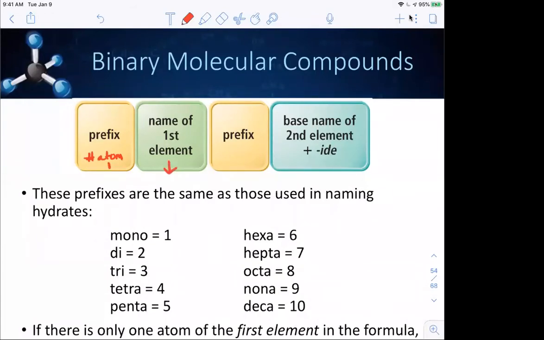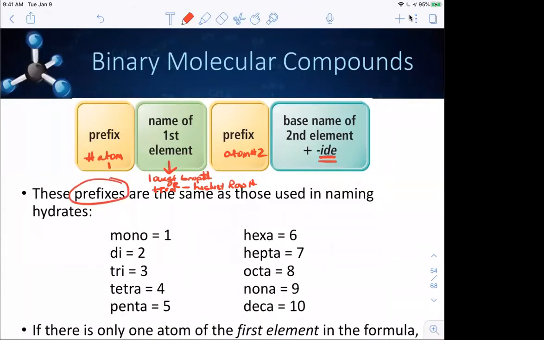And this is going to be the lowest group number, or if they're tied, the highest row number, right? And then this is atom 2. And then that gets changed to an IDE.